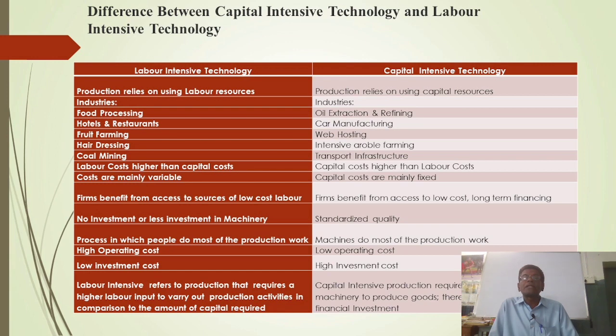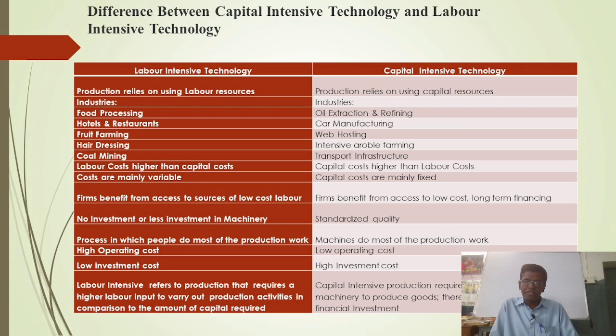Now let us see the examples of industries relating to labor intensive technology. The first industry is food processing, then hotels and restaurants, fruit farming, hairdressing, coal mining. These are all examples of labor intensive technology industries.